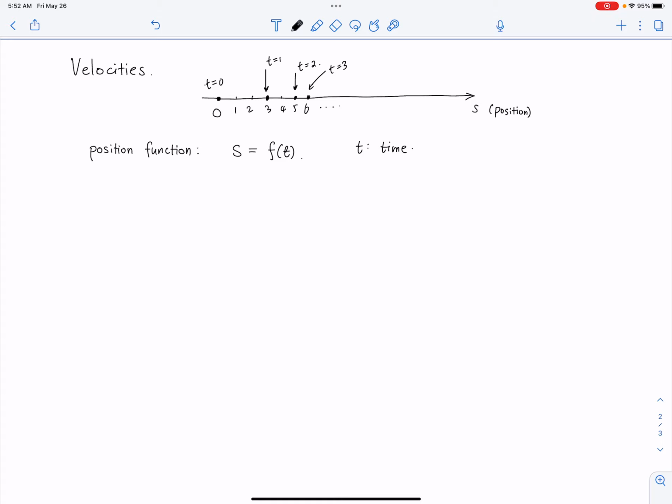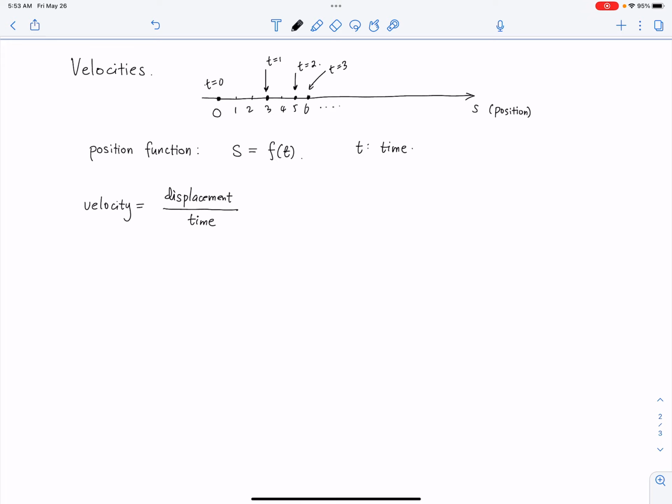So here's how we do the velocity. We know that the velocity or speed is equal to the change in position, we call that displacement, over time.